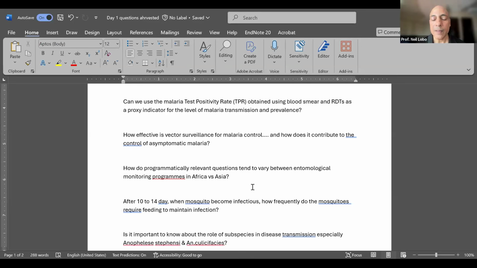So vector surveillance or vector control interventions impact all malaria, all cases of malaria, symptomatic or asymptomatic. The thing is, we normally only measure symptomatic or patent infections with RDTs, or if it's passive case detection, such as at health facilities, it's only the symptomatic people that go there. But the amount of malaria gets reduced across symptomatic, asymptomatic, patent, subpatent infections.